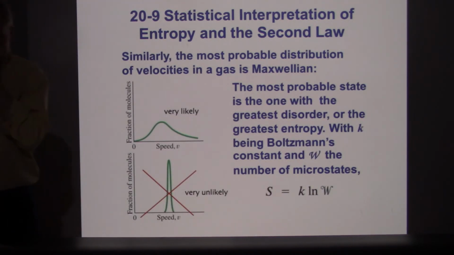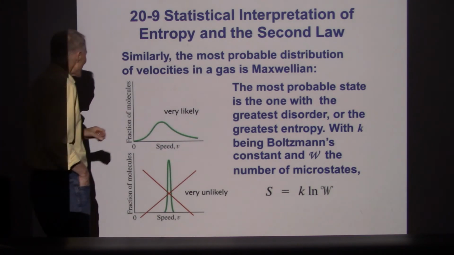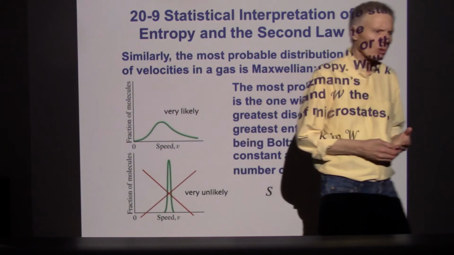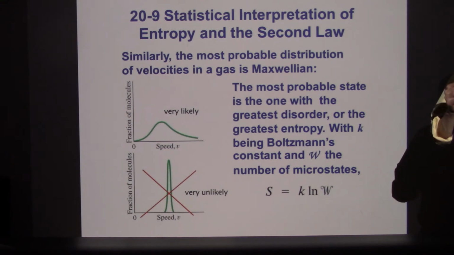All right. What that also shows is that you might think, well, wouldn't it be statistically more likely to have the energy just evenly distributed, so that every molecule gets exactly the same kinetic energy and the same velocity?